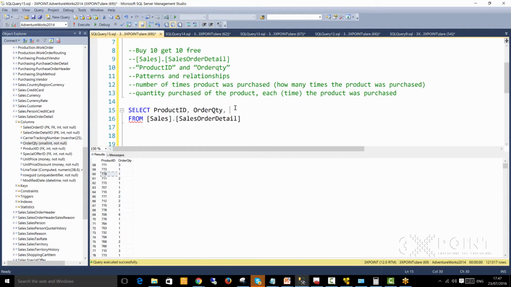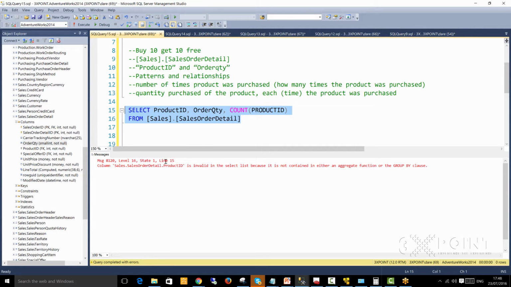Because we have a function in SQL Server called count, I could just say count the number of times product ID was purchased. Yeah, that's how to do it. Product ID. But if you run this query, we're going to run into an error. And what does the error say?